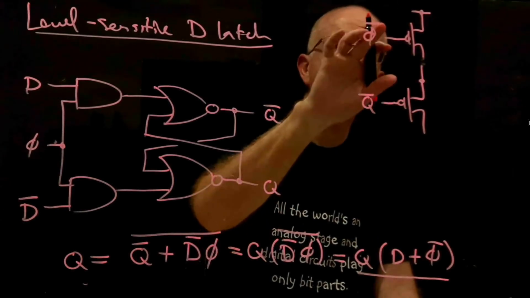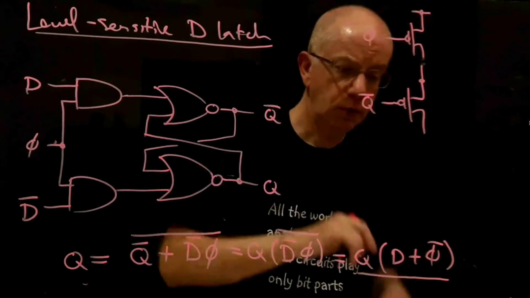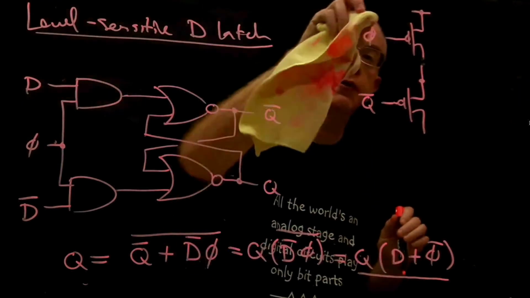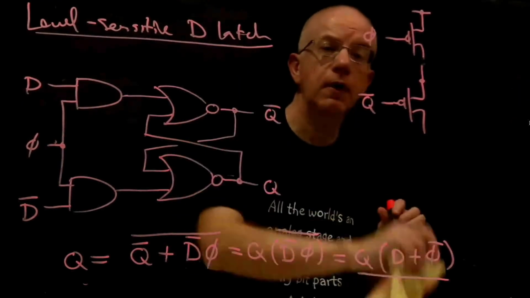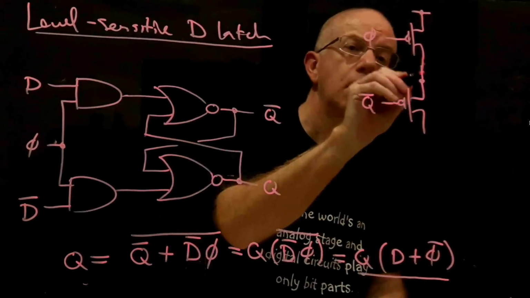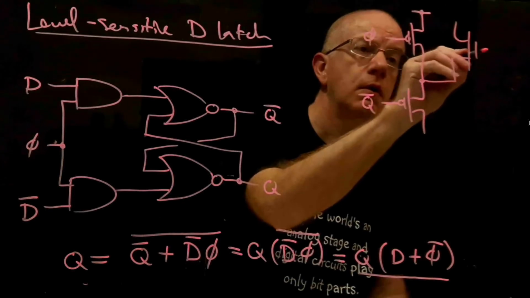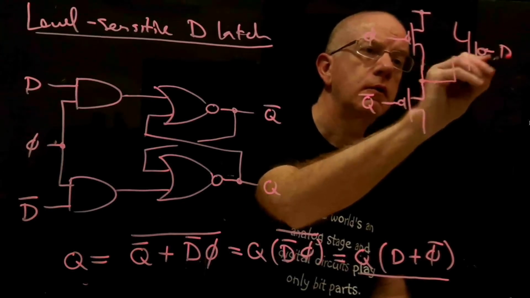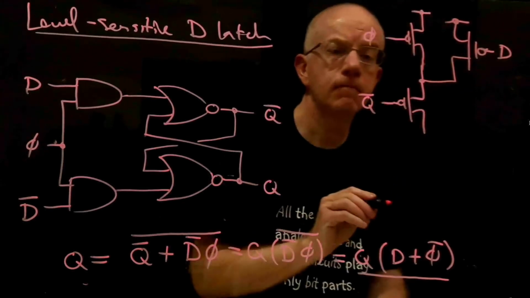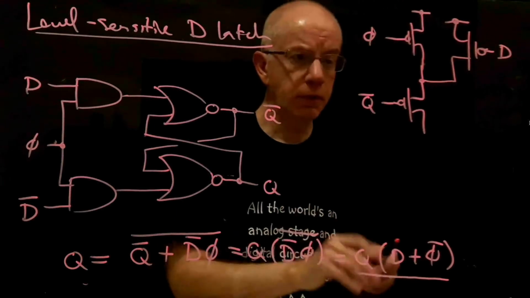Or no, actually phi. All right, we have a complement on the phi. That's good. So that means it's just phi. And then over here we have D. Okay, so that should be the pull-up.